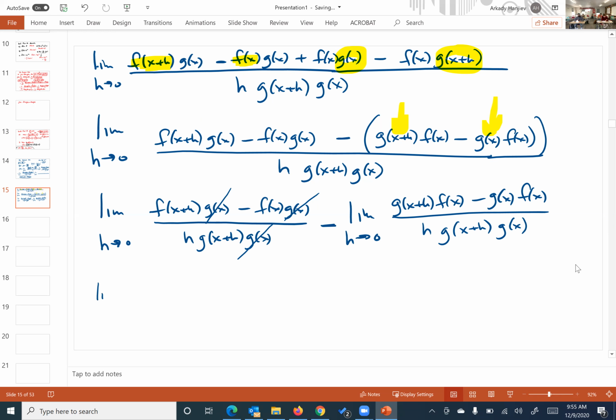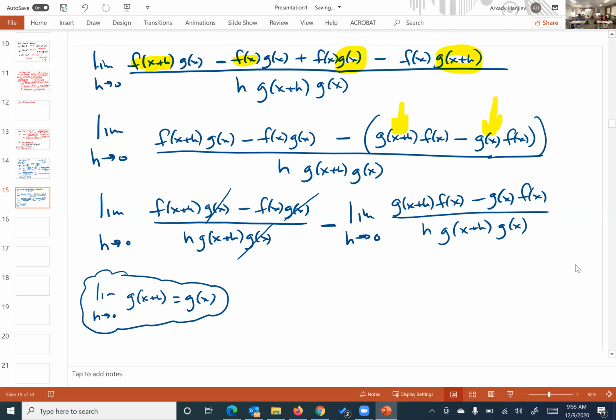Off to the side here, limit as h goes to 0. If you just have a g of x plus h, that's just turned into g of x. And let's see what we have so far at this point then.